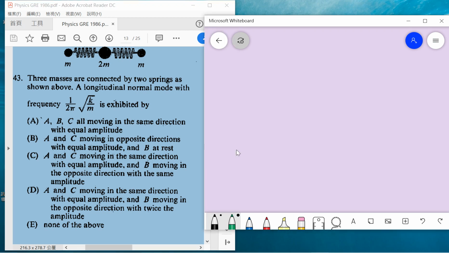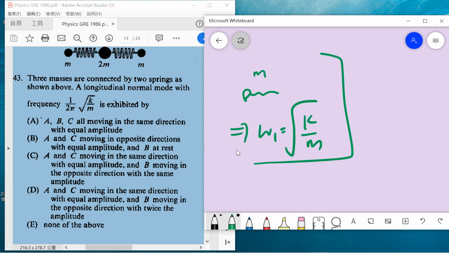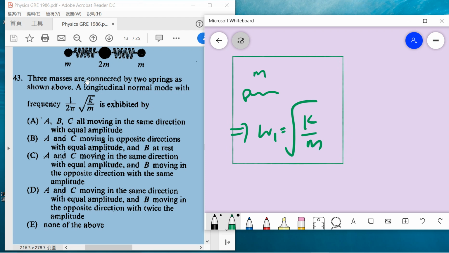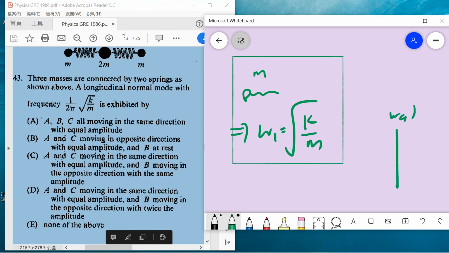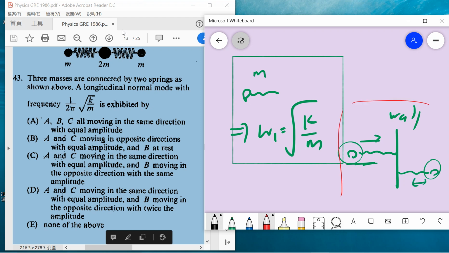Remember that if you have a single mass, then you will have this one. So this tells you that it looks like there is a single mode. The single mode tells you that these 2 should move out of phase, because this one is basically the wall, and then there's a spring here and it oscillates, and the other one moves in the opposite direction.